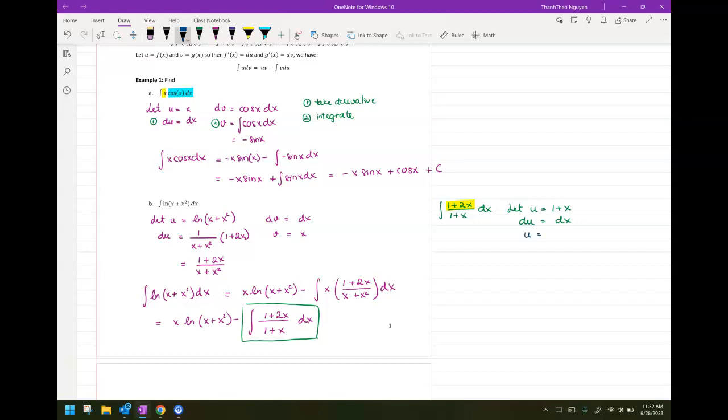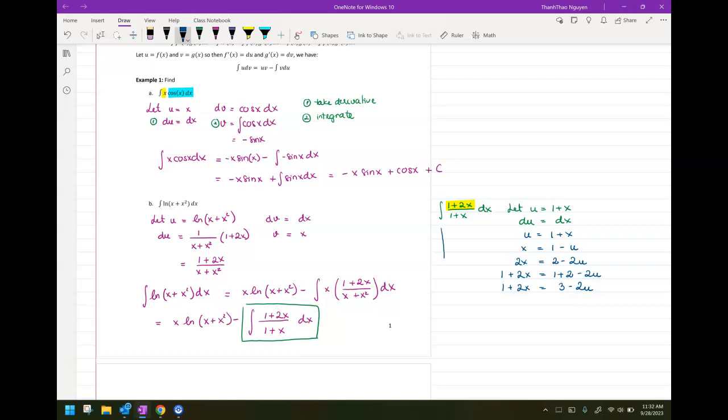If u equals 1 plus x, then x equals u minus 1... 2x equals 2 minus 2u, 1 plus 2x equals 1 plus 2 minus 2u. So 1 plus 2x is equal to 3 minus 2u.